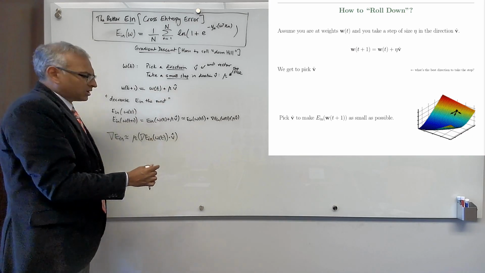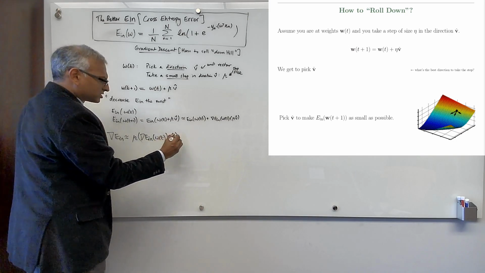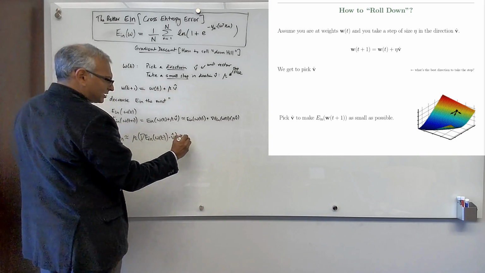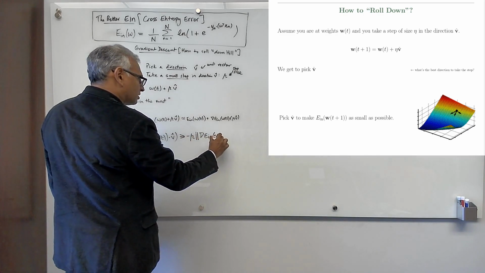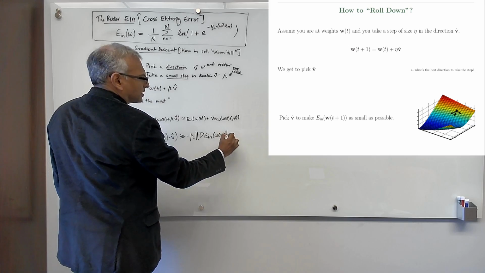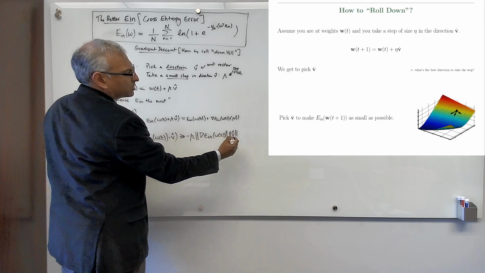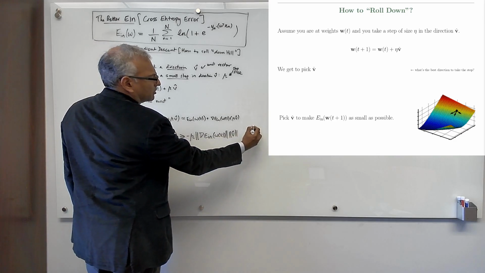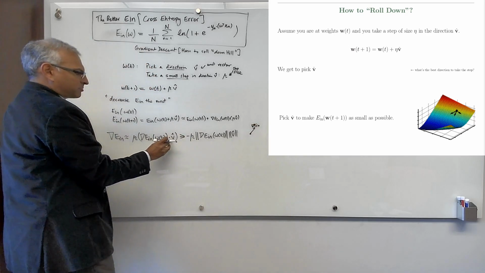The Cauchy-Schwarz inequality says this is always larger than the negative of the product of the norms. So this is always at least minus eta, the norm of the gradient of E_in of w(t) times the norm of v hat. The minus corresponds to the picture. You have the gradient of E_in, some vector, and you're taking the dot product with some other vector.